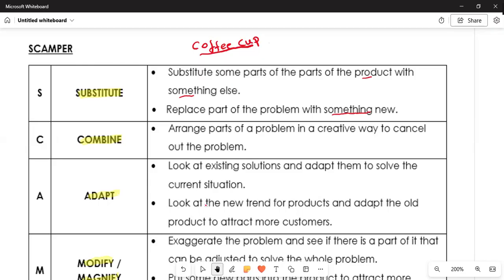Instead of using a ceramic cup, try by all means to substitute it with a biodegradable cup.